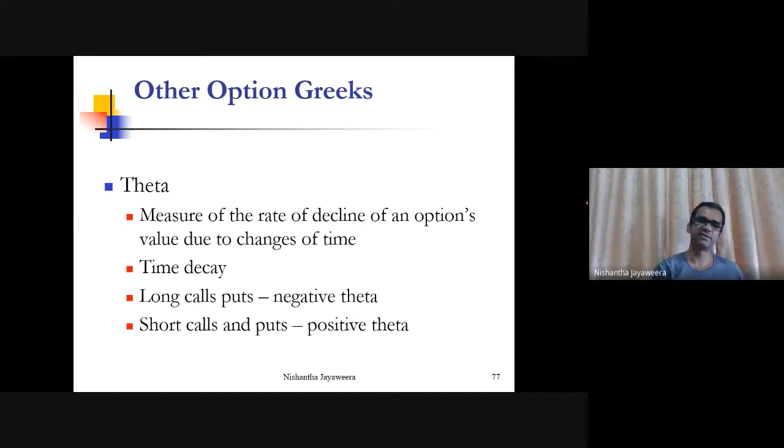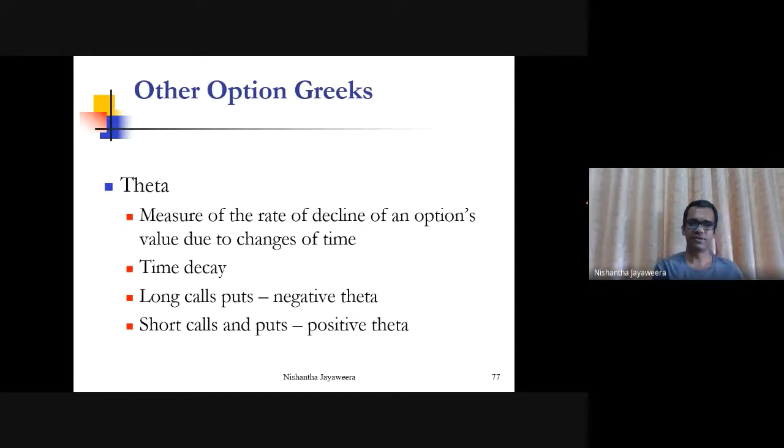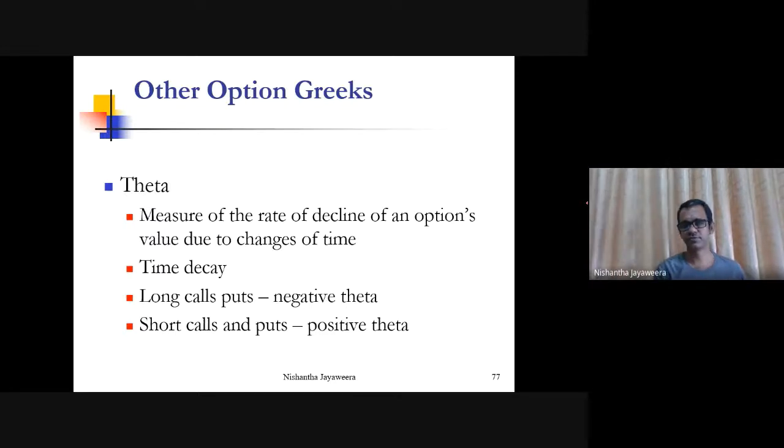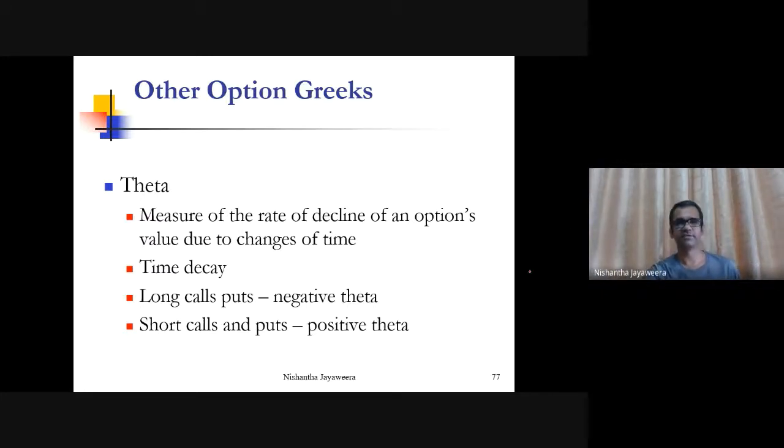The concept is what is the change in the value for this variable. Delta is the change in value of your portfolio for the change in the underlying asset. Theta is for the change in value of your portfolio for the change in time. Vega is for the volatility, likewise.